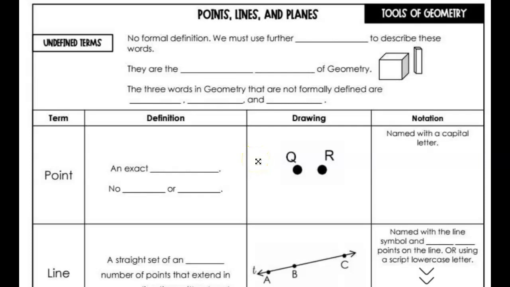All right, so we're starting with three basic terms called points, lines, and planes. These are three undefined terms, the building blocks of geometry. They have no formal definition, and we must use further explanation to describe these.